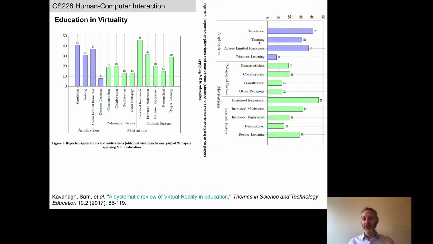Another 31 papers in this set reported that training was an important part of the application of VR to education in that situation. A large number of papers reported that VR was applied to an educational setting with access-limited resources. So imagine you're trying to train a technician or a scientist to use a very expensive piece of equipment.